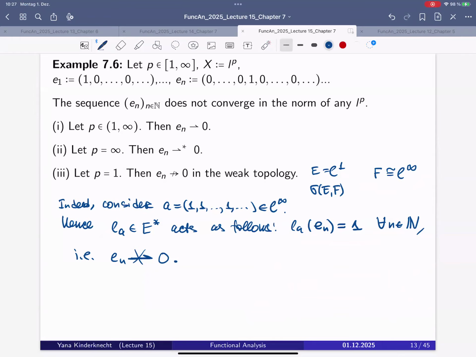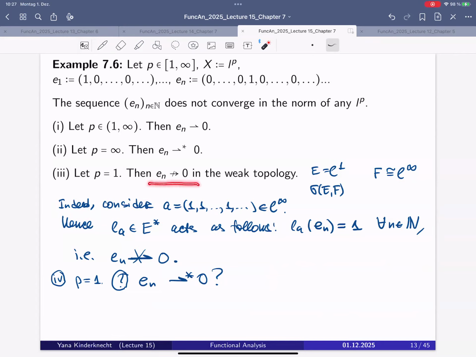Now my question to you. P is equal to 1. So the question is, can we say that En converges weak star to 0? This is my En. We have specified that the weak star convergence is, in the infinite dimensional situation, strictly weaker than the weak convergence.